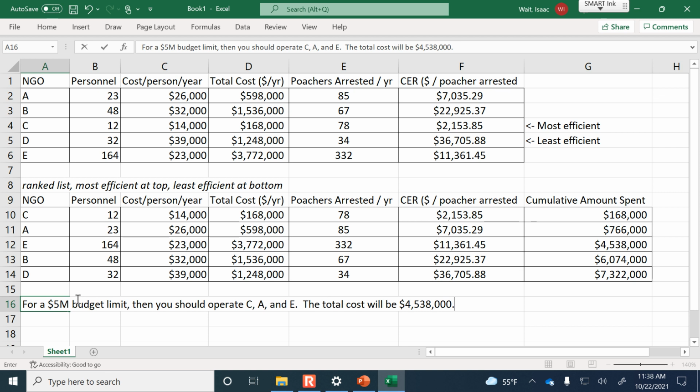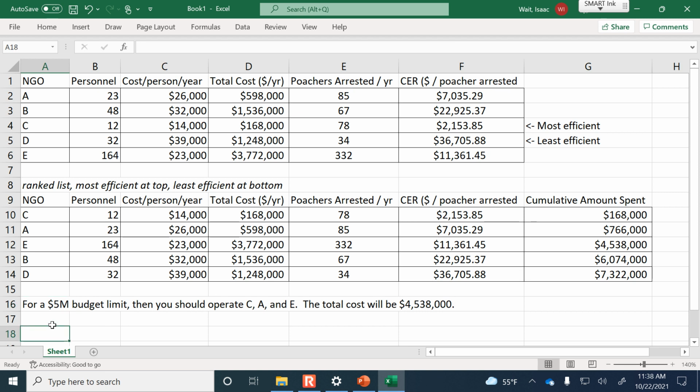The problem says no partial funding. If there was partial funding allowed, then you'd take your remaining $400,000 and give that to organization B, and they'd hire as many people as they can for $400,000. They wouldn't be up to full capacity. But this problem said no partial funding.